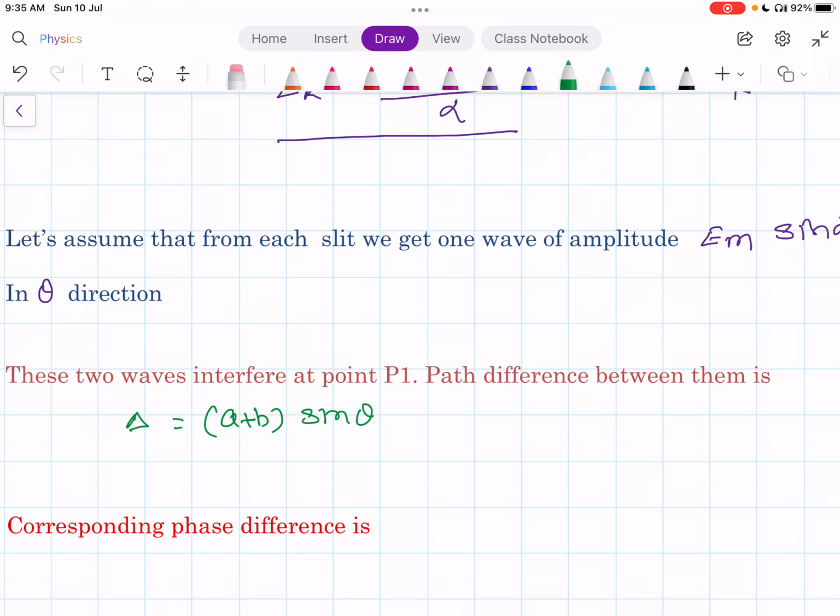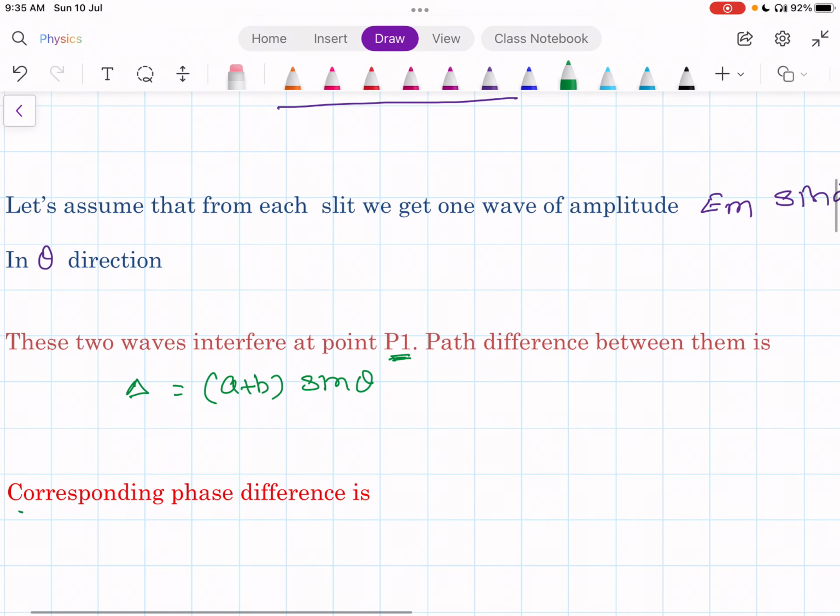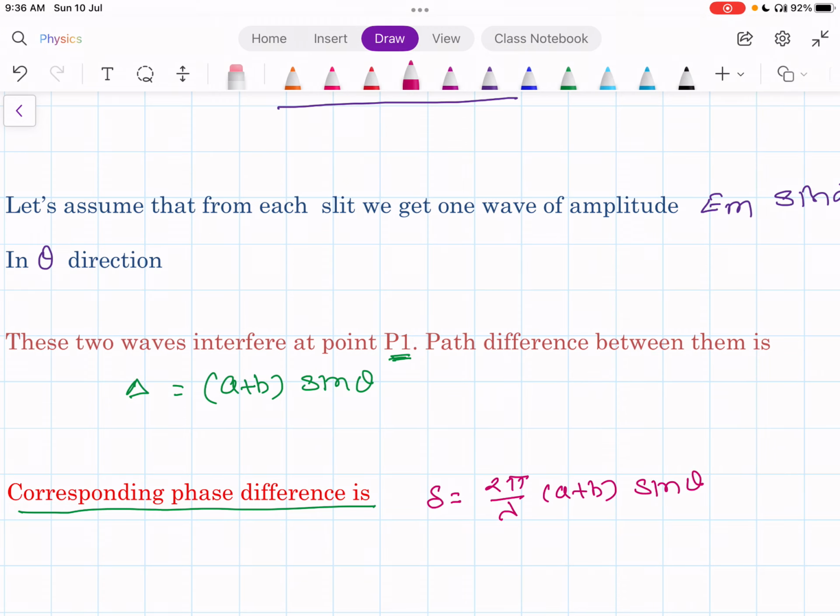Let us denote it by capital delta. If this is the path difference between the waves which are reaching at point P1, then we know the relation between the path difference and the phase difference. So the corresponding phase difference, let us denote it by small delta, is equal to 2 pi by lambda into A plus B sine theta.